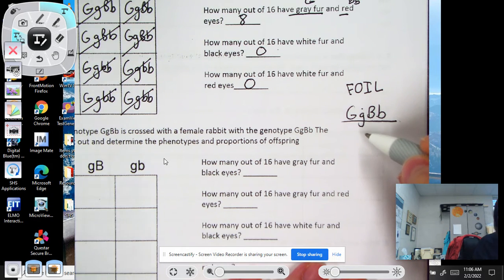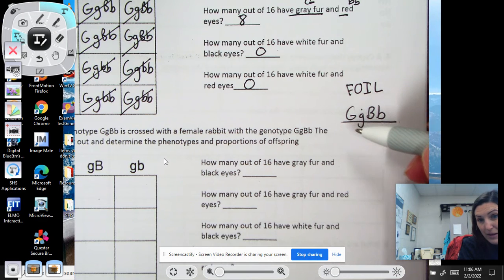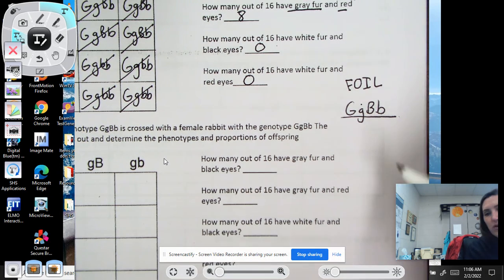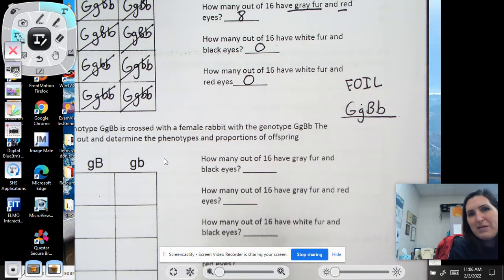Now, I can also see everybody's got to have a big G or little g. So I could say, well, this guy's going with this one, and this one's going with that one, and then this one has to go with that one, and that one has to go with this one. You can definitely write down your 4, especially if you can see it in your head. Just write them down. The FOIL method makes sure that I don't miss one or forget one.